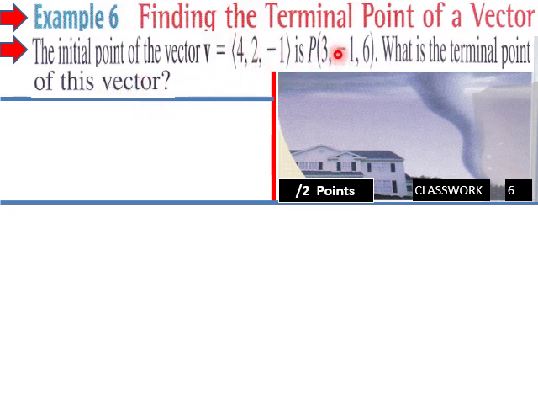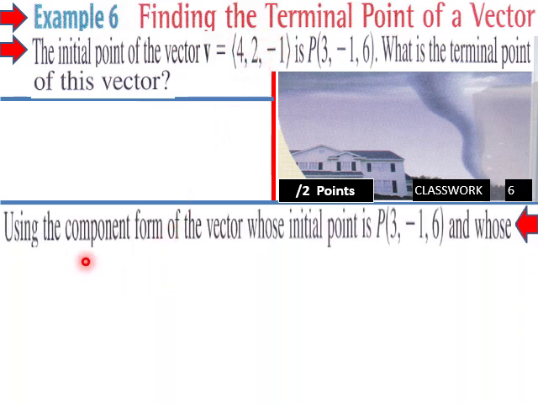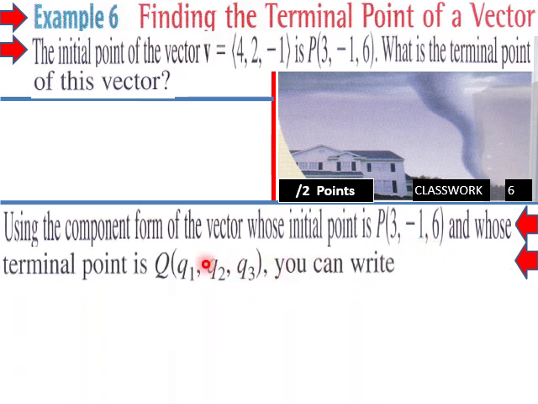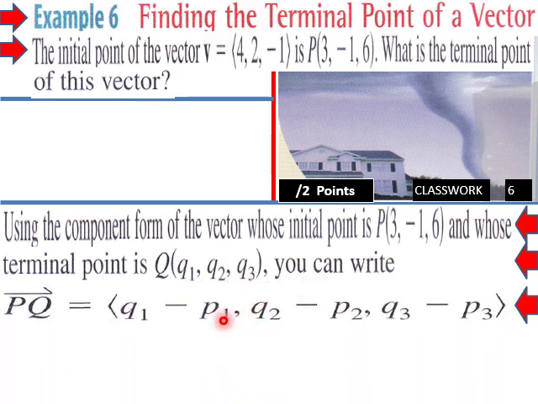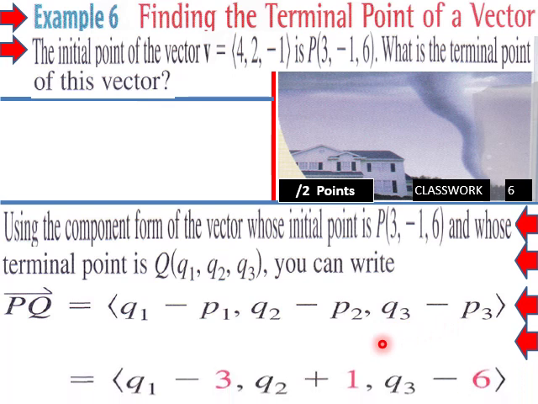Since we have the initial point and the component form, using the component form of the vector whose initial point is P, which is 3, -1, and 6, and whose terminal point is Q, which we don't know yet, Q1, Q2, Q3, you can write vector PQ equals Q1 minus P1, Q2 minus P2, and then Q3 minus P3.